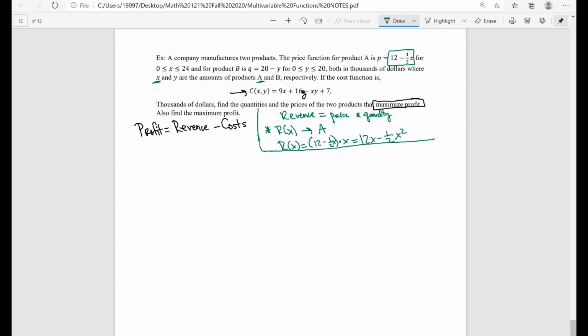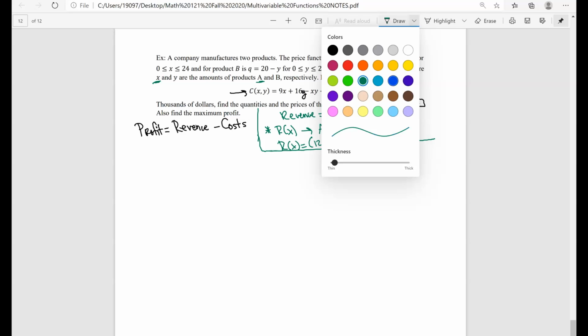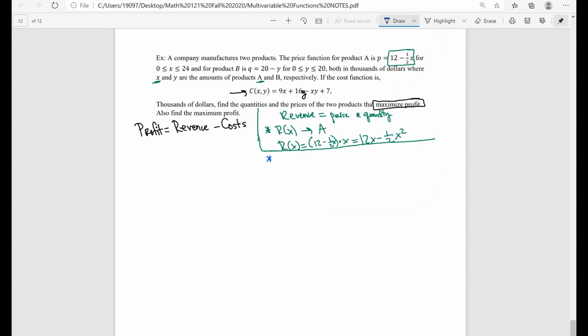Now we want to find the revenue for product B. So now it's going to be R of y, because we know that product B corresponds with the letter y. R of y is just the price times the quantity. In this case, the price is 20 minus y, and then I multiply it by the quantity that I'm producing, y, which we don't know.